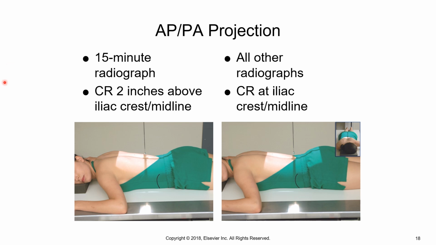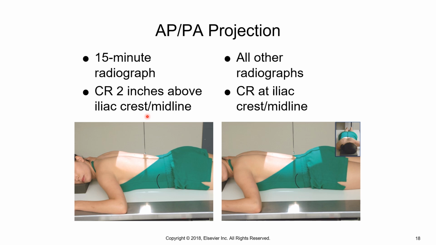Now, they tell you that the central ray is 2 inches above the iliac crest at midline. Okay, now that would be if you were on one IR portrait. If you were doing 2 images landscape, then you would just include pubic symphysis and then have your 1 to 2 inch overlap.